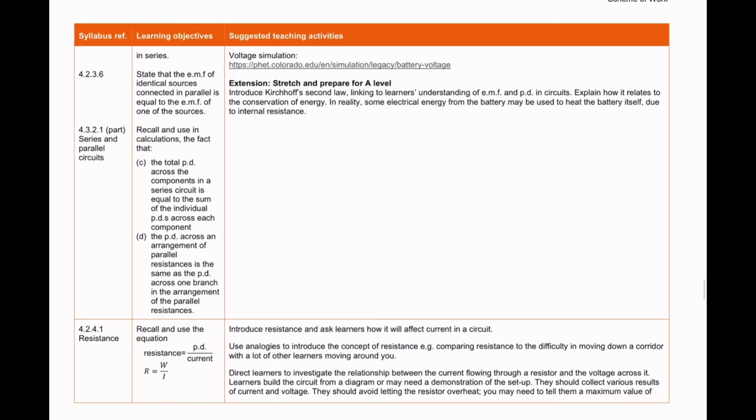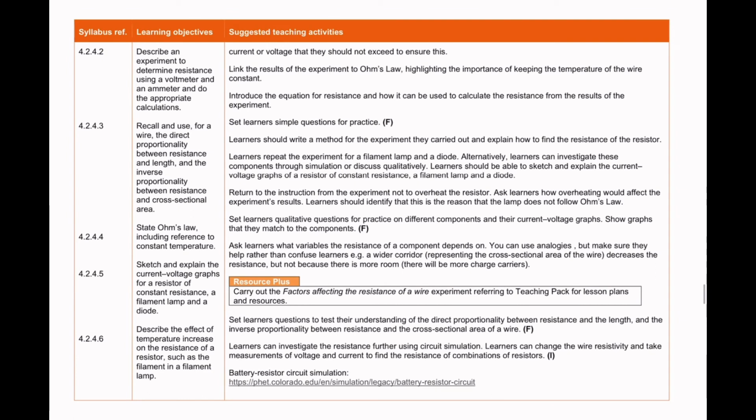Key concept 4.2.4.1: Resistance. Learning objectives. Recall and use the equation: resistance is equal to PD upon current, or R = V/I. Describe an experiment to determine resistance using a voltmeter and an ammeter, and do the appropriate calculations. Recall and use for a wire the direct proportionality between resistance and length and inverse proportionality between resistance and cross-sectional area.